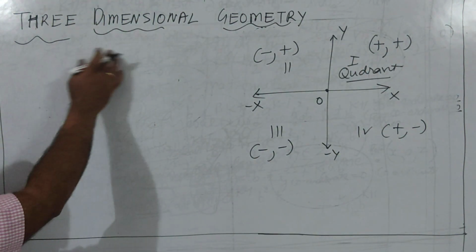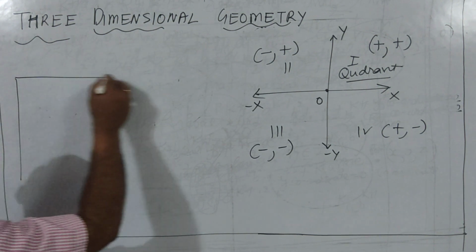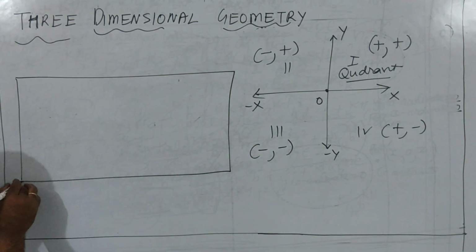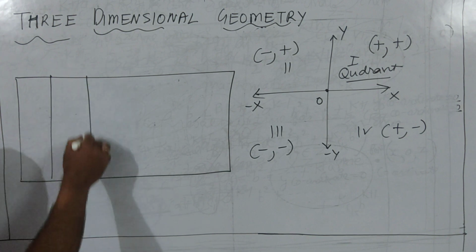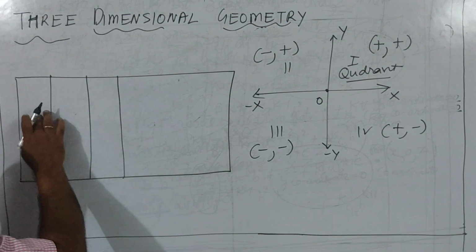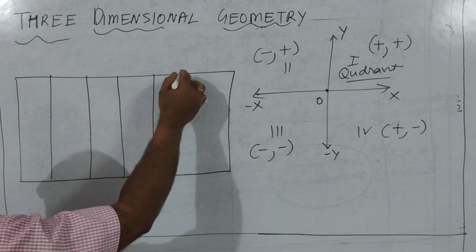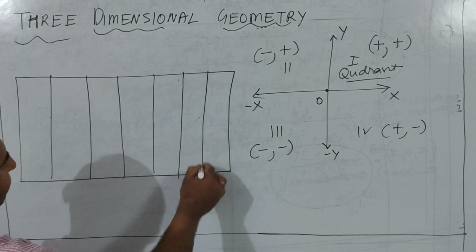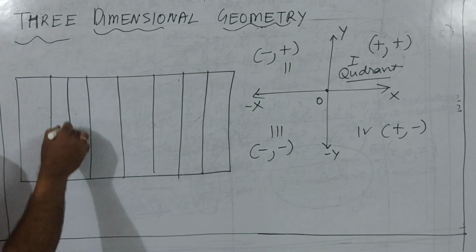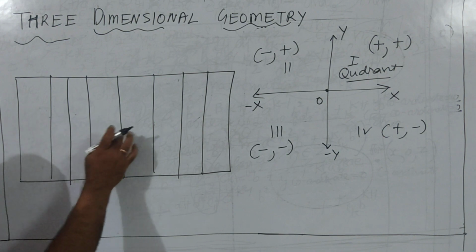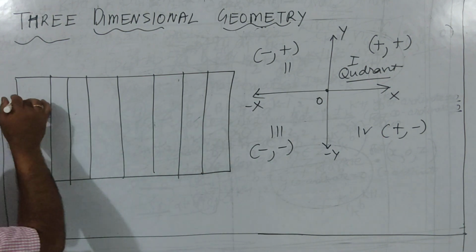What about three dimensions? There are 8 octants here: 1, 2, 3, 4, 5, 6, 7, 8.